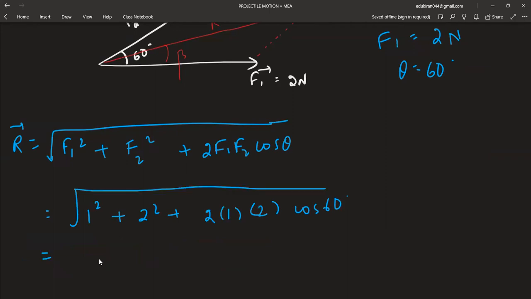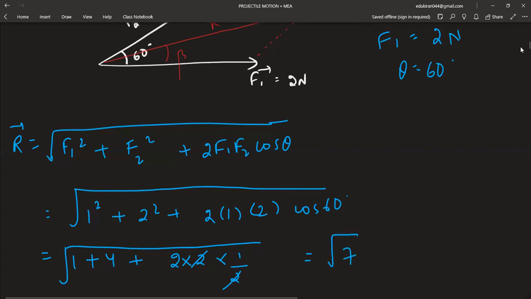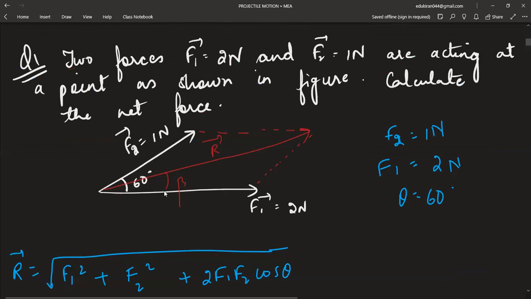So this is 1 plus 4 plus 2 into 2 into half. So this is 6, 7, root 7.